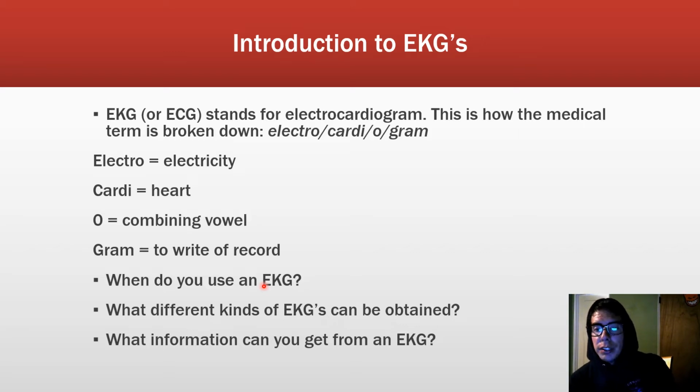What information can you get from an EKG? First of all, which is what this course covers, overall heart rhythms. There are different rhythms that your heart can be in, and 4-lead EKGs are to determine what rhythm it is. Then with 12 leads, you can determine if someone's having a heart attack, if they're about to, or if they've had one in the past. You can determine electrolyte imbalances, like a condition called hyperkalemia, which is high potassium.